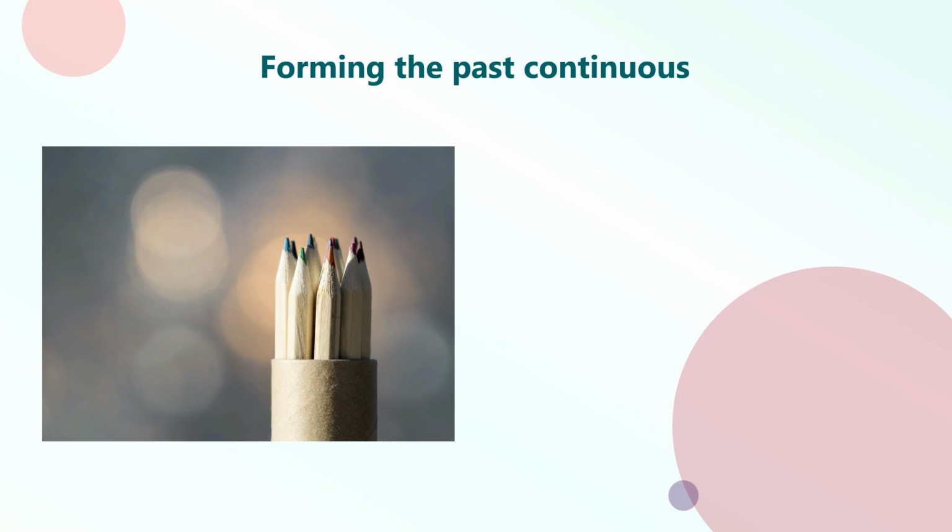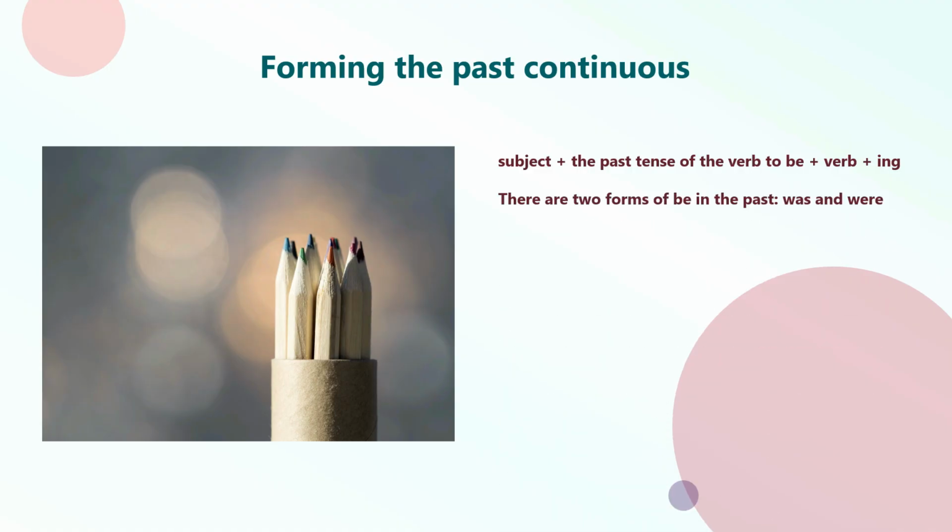To form the past continuous tense, we use the subject plus the past tense of the verb to be as a helping verb, followed by the main verb with -ing. There are two forms of be in the past, was and were. For example, I was working. He was working.